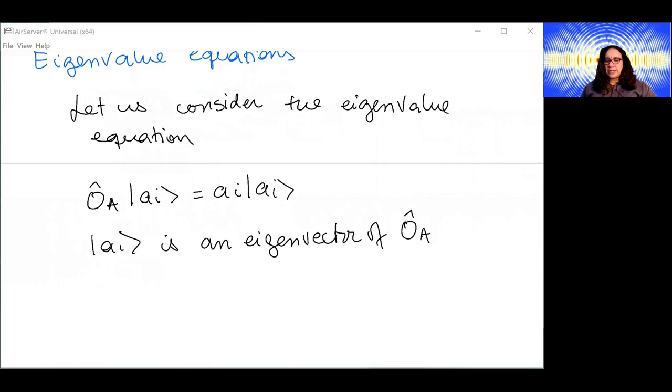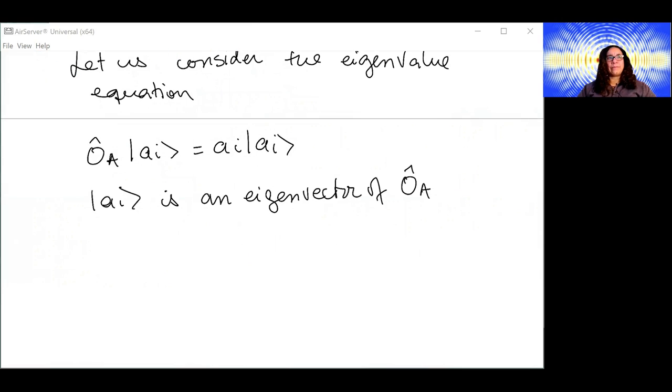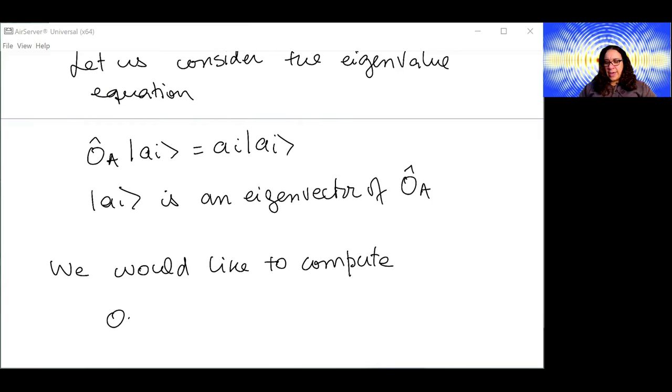Now what we would like to solve, or to compute, is OA acting on CK.